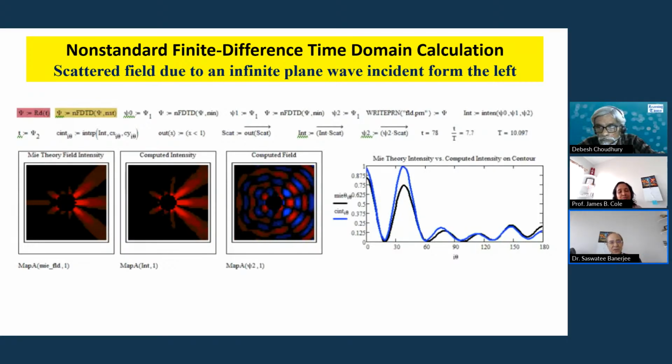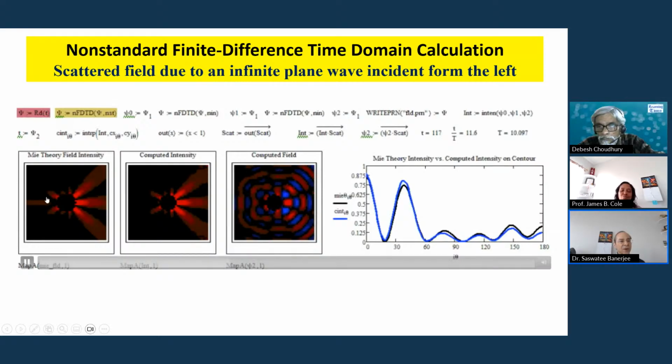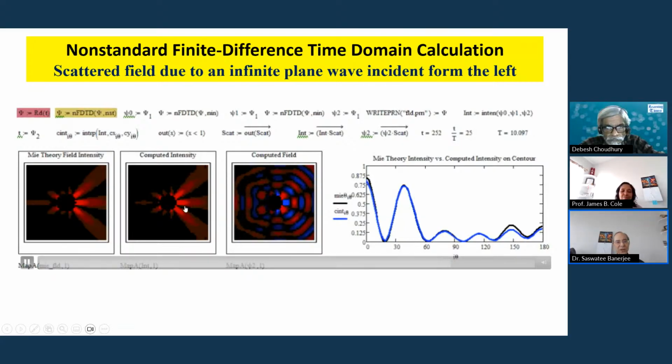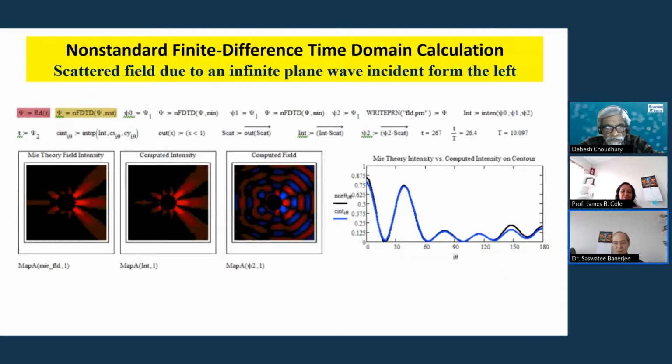This is the scattered intensity on a contour around the cylinder. Oh, this is the non-standard method. And you can see that it's very, very accurate. It's almost exact. So the Mie theory and the computed intensity are quite good.